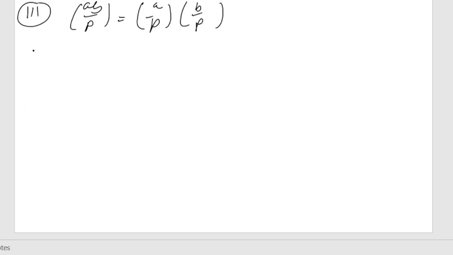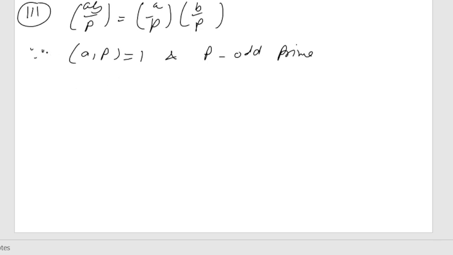Since it is given that the GCD of A and P is equal to 1 and P is an odd prime, actually, I am going to use a previous result. In the last lecture, I have proved a theorem. And what is that?